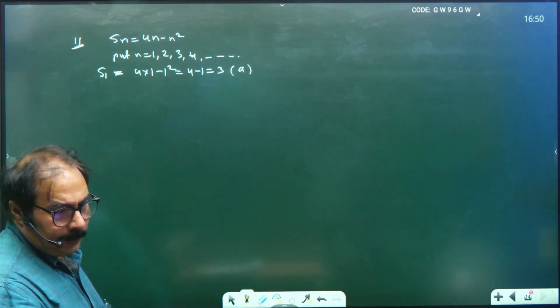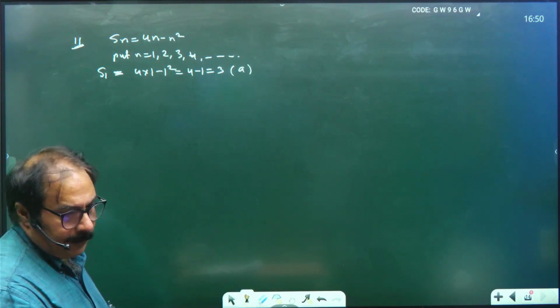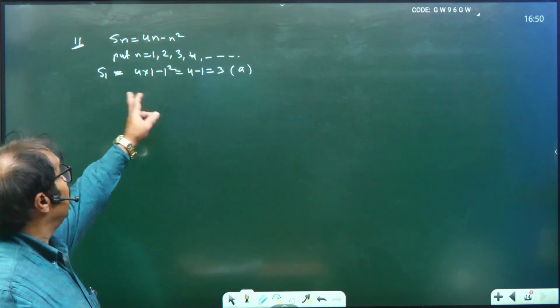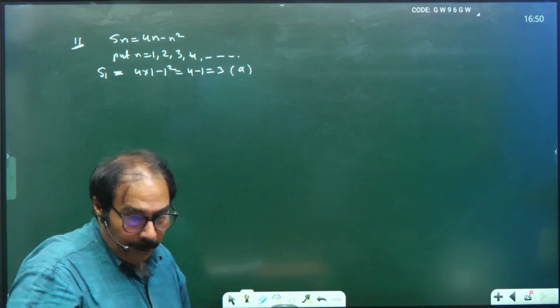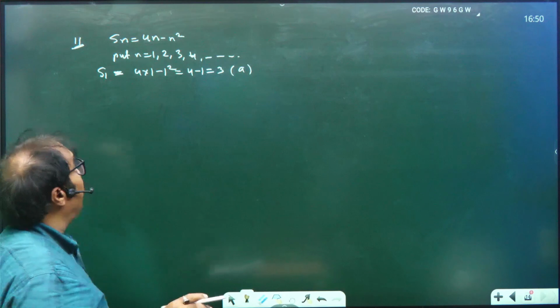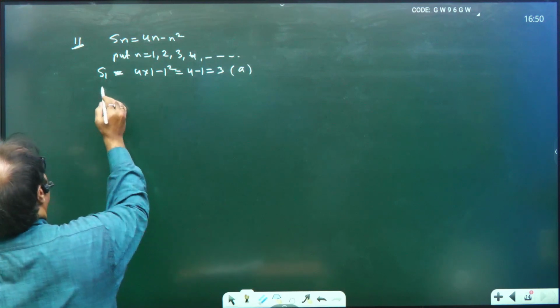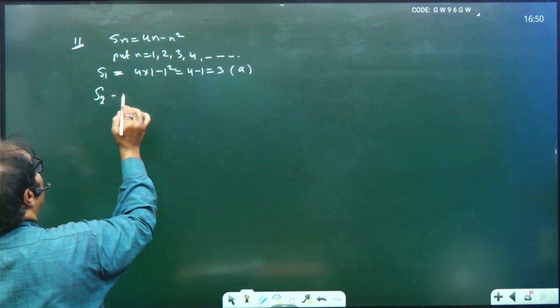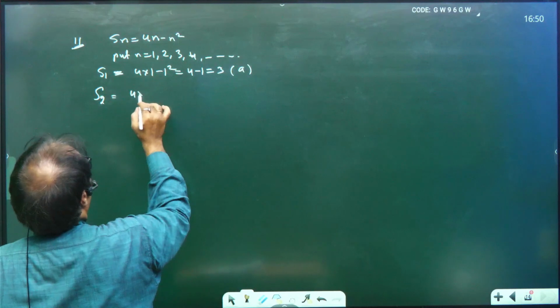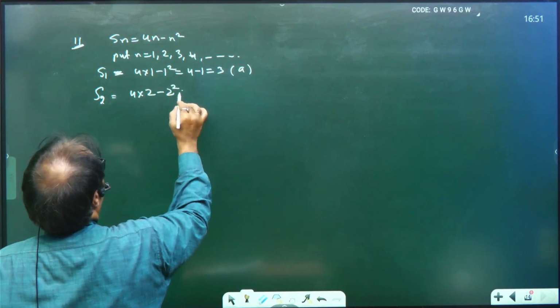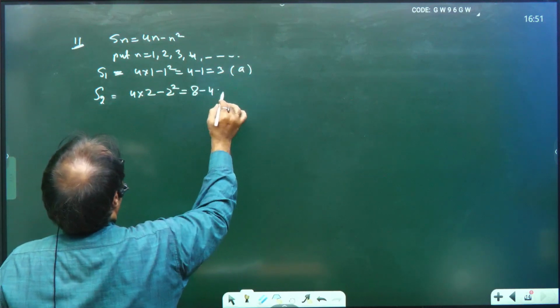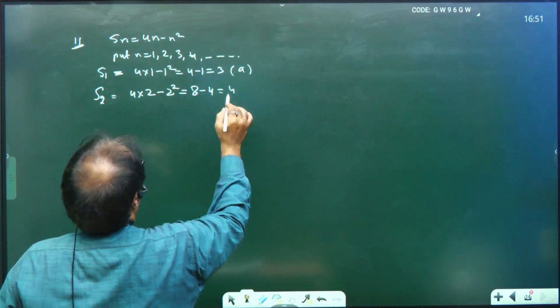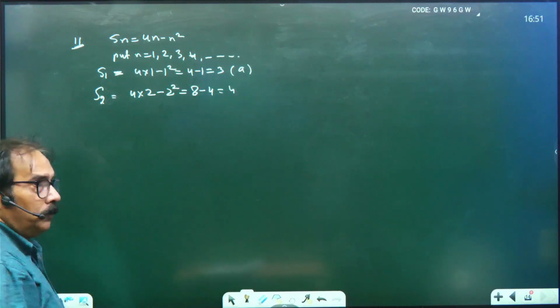So we got S1, that is 3. And what is the sum of the first two terms? The sum of the first two terms means S2. S2 is equal to 4 into 2 minus 2 square. So 8 minus 4 equals 4. This is the sum of the first two terms.